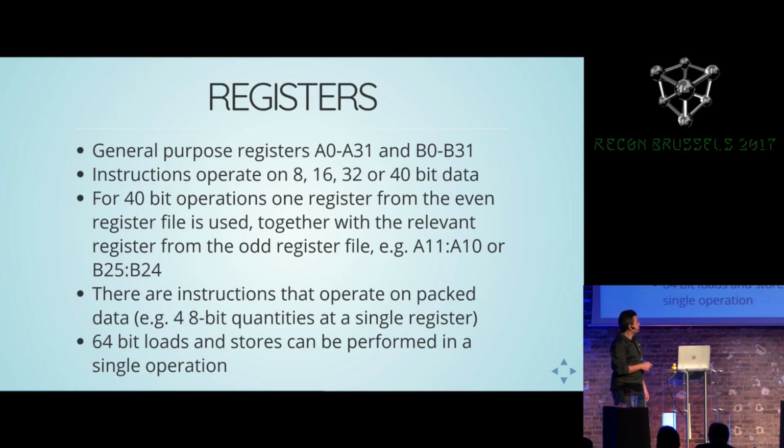So if we use this register pair, 32 bits are read from A10 and 8 bits from A11. There are also instructions that operate on packed data, like SSC, for example. And the only instructions that operate on 64-bit are loads and stores that are performed in a single operation.